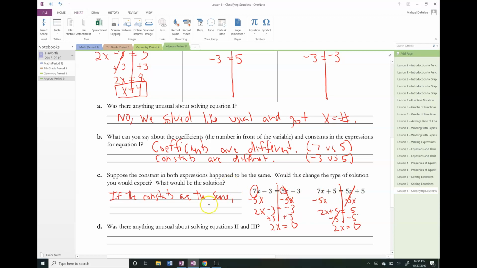So if the constants are the same and the coefficients are different, we're going to get 0 as our solution.